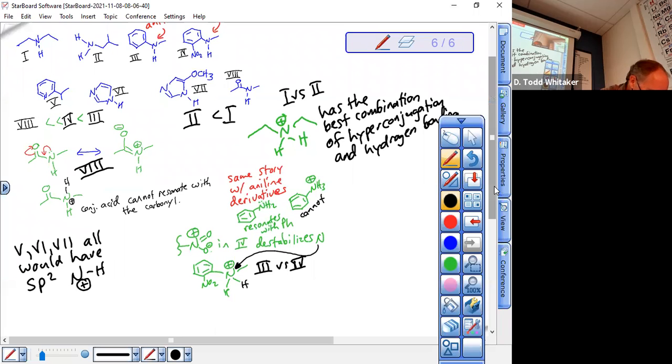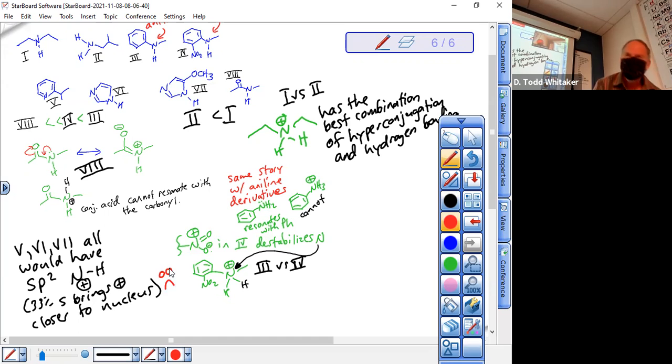That's 33% s character, which brings the plus closer to the nucleus. You can write that's bad, or you can go with today's society. Just put a sad face there. There you go. And that's why they are in the middle and not at the end.